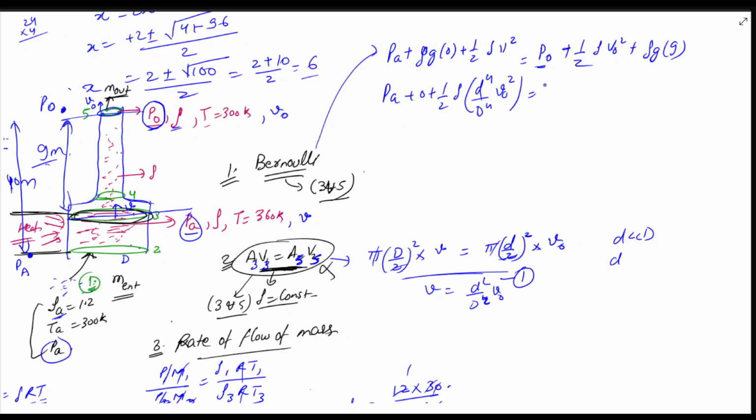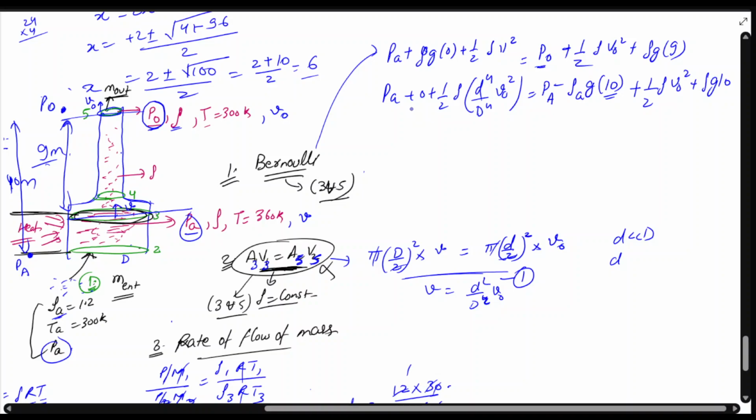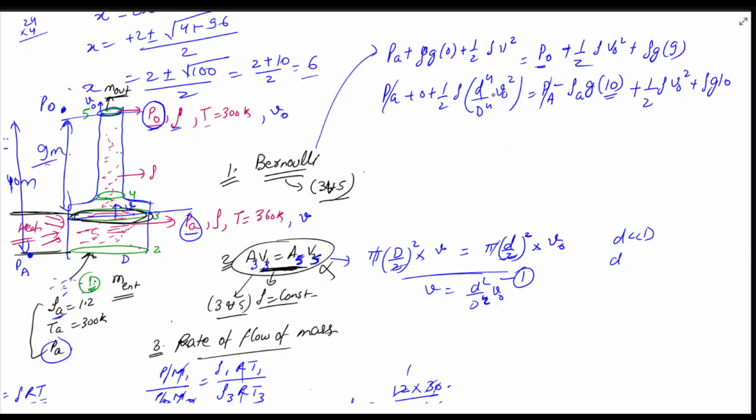And P naught will be P at A minus density of air into g into h. We'll have to take it as 10. This is P naught. This is half rho V square, so this is half rho V naught square plus rho g 10. Now this PA will get cancelled, and as d is much less than D, we'll ignore this.